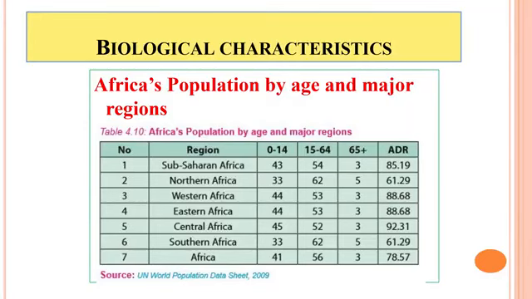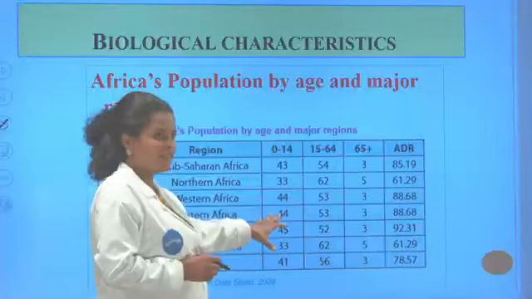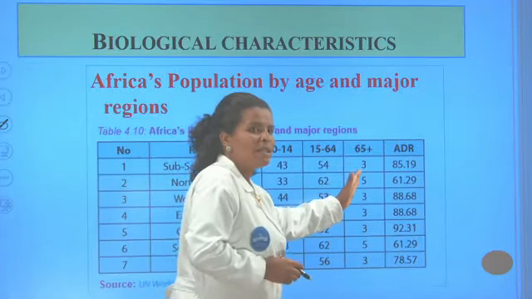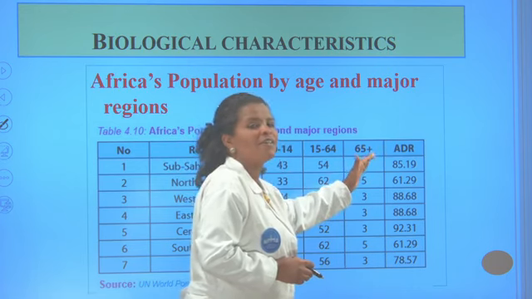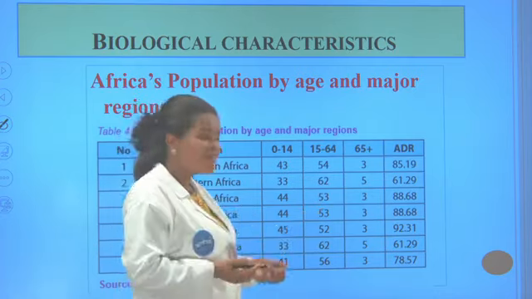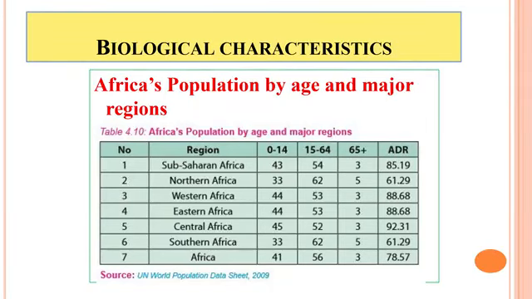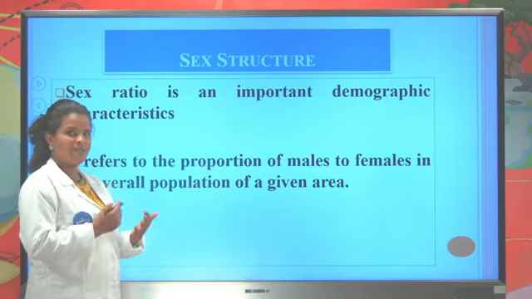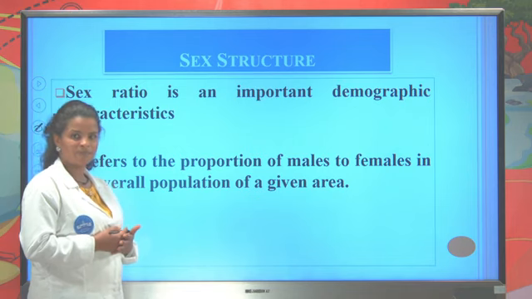In the Africa region, it has a high fertility rate, but the life expectancy is very low. So people above 65 years are very few, because life expectancy is very low, and it has a large age dependency ratio.